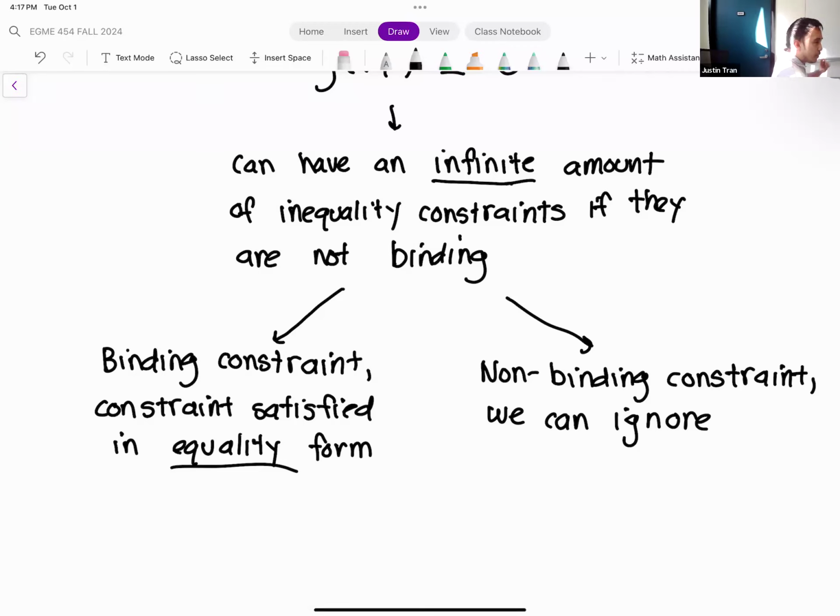Last Thursday, we did an example where it wasn't clear just by looking at the problem which constraints were binding. And so in that case we had to guess and check. We guessed that certain constraints were binding and solved the problem. If the problem gave us a valid solution, then that's good. If not, then we guess a different combination of binding constraints.